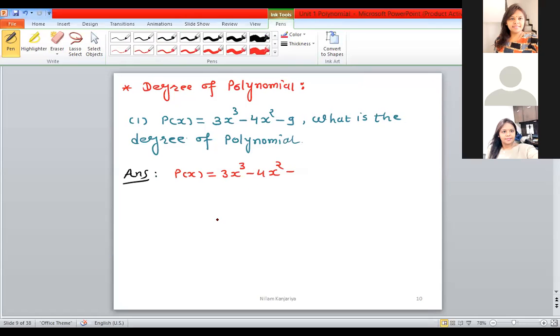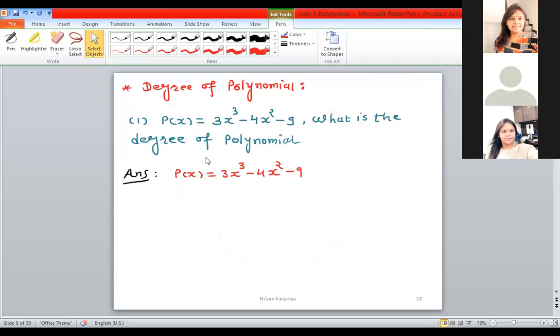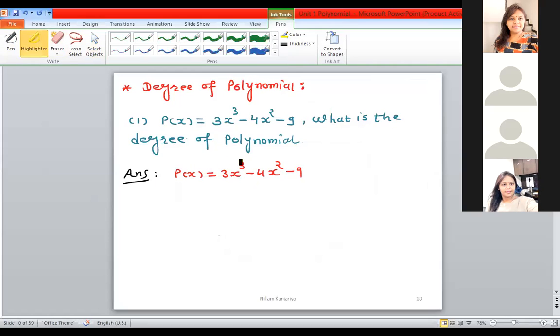This is the polynomial, so you are able to find its degree. The definition says the degree of a polynomial is the largest exponent, or in simple words, the highest power of the given variable. So what is the highest power of the variable in this polynomial? 3. Anyone? 3, right. This is the highest power of the given polynomial. Hence the degree of the polynomial is 3.